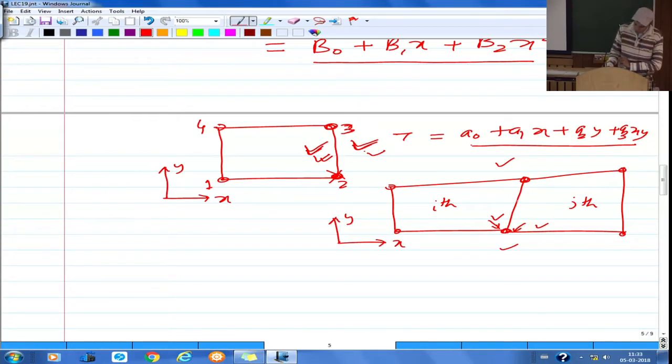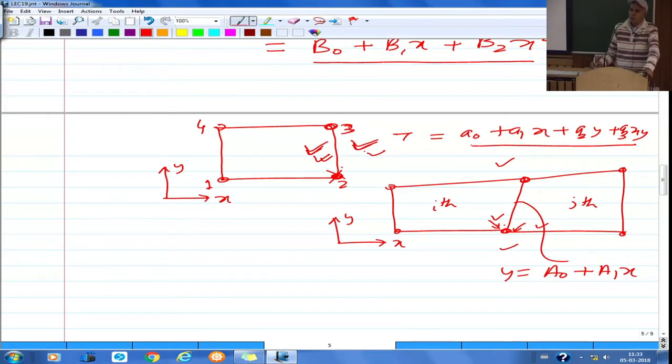And in between, if you look at the equation of this line: if it is a rectangle with edges parallel to either x or y, then you are moving along x equal to constant or along y equal to constant. But in this case, y would be something like a0 plus a1x. You are moving along a general straight line, without x or y being constant. So y would be a linear function of x, or x would be a linear function of y.